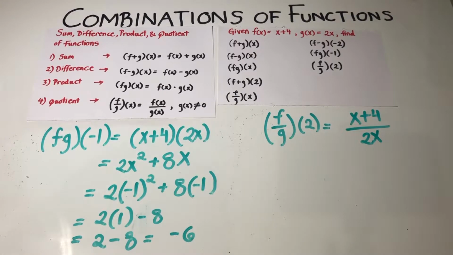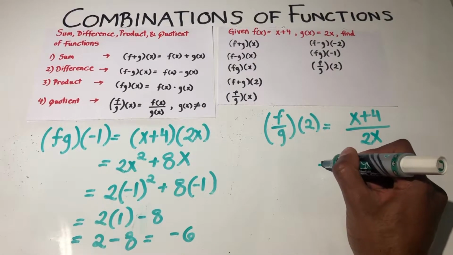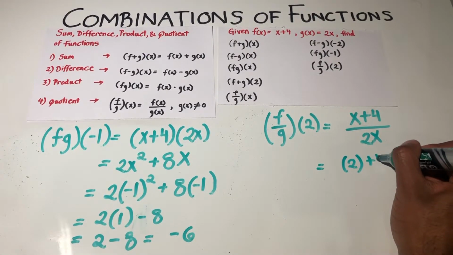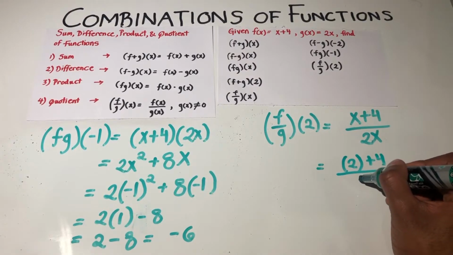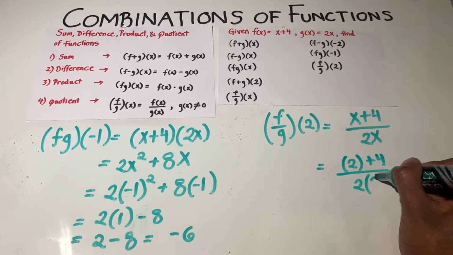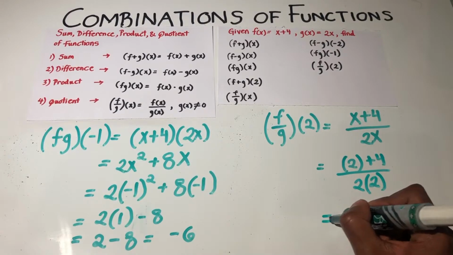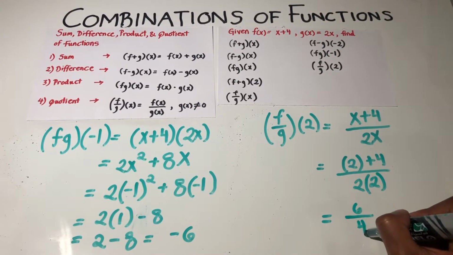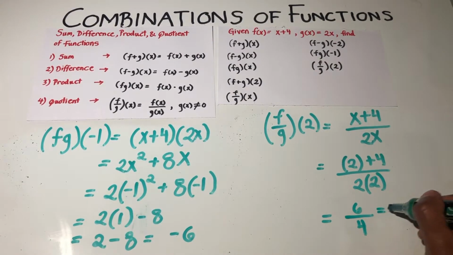Now you can go ahead and substitute the value right there. So 2 plus 4 over 2 times 2. In the numerator, we're going to get 6, and at the bottom, we're going to get 4. So that's simply 3 over 2 after simplifying the fraction.